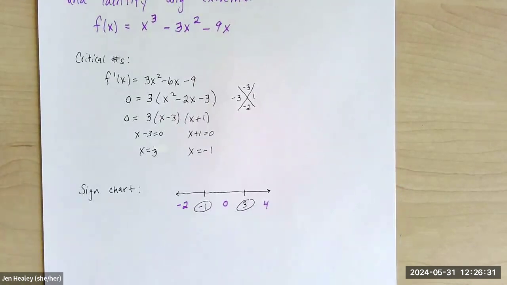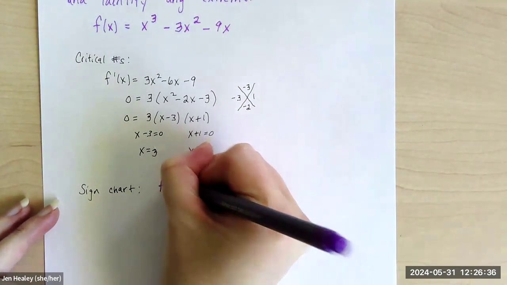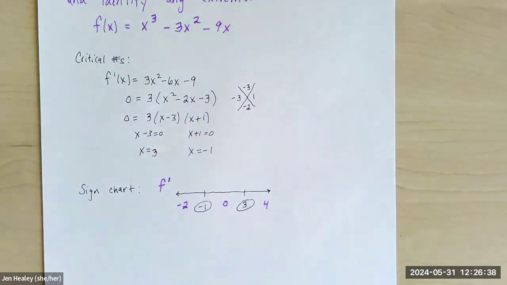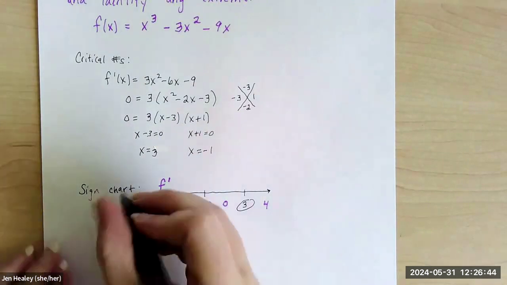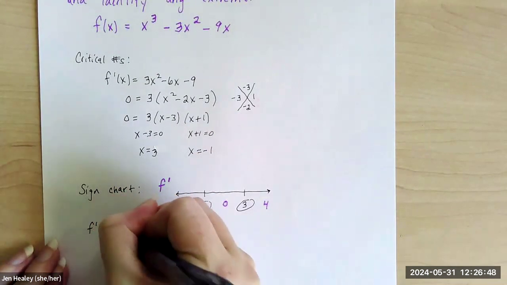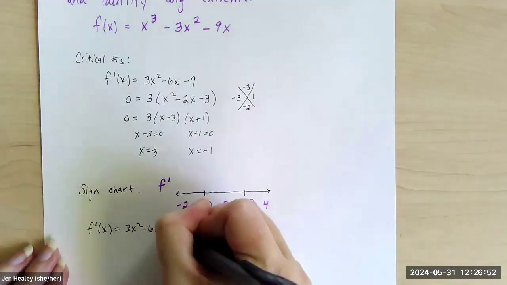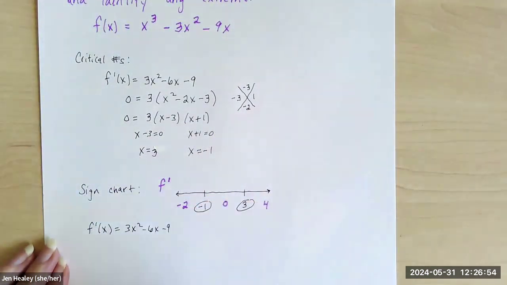So good guess, but we want to use the derivative. The original function is going to give you the actual values. I want the slope, so I want the derivative, f prime. And we said f prime of x is 3x squared minus 6x minus 9. So I want to plug in negative 2.